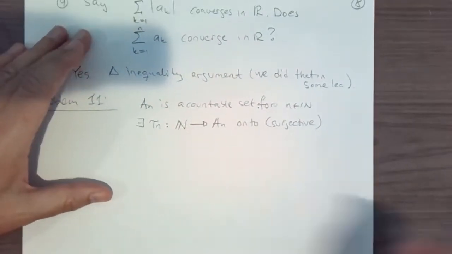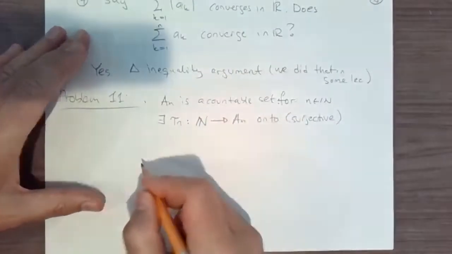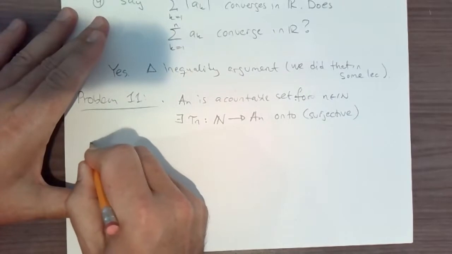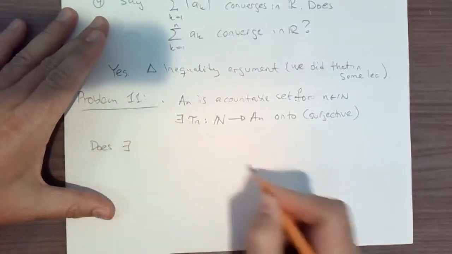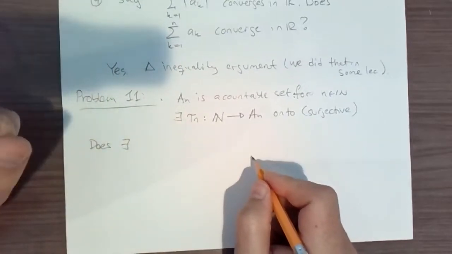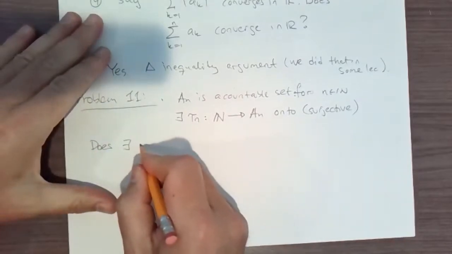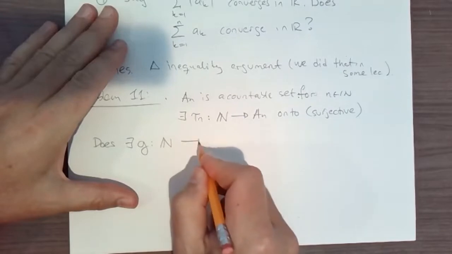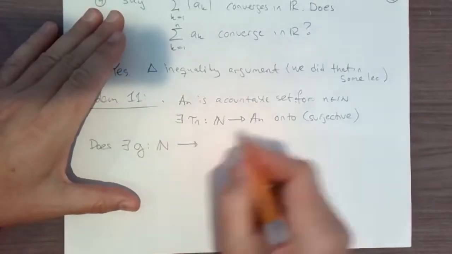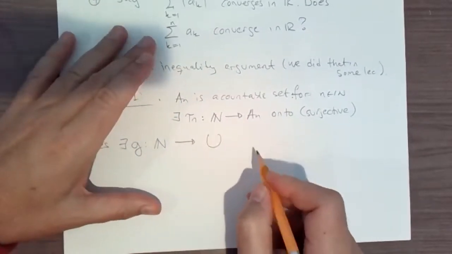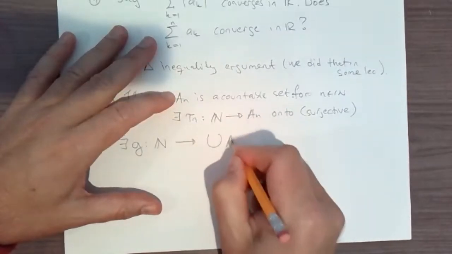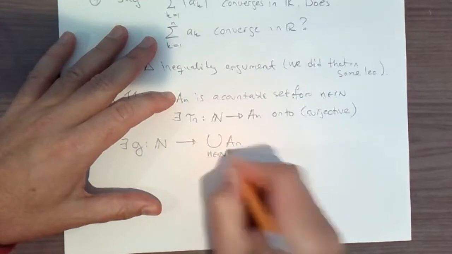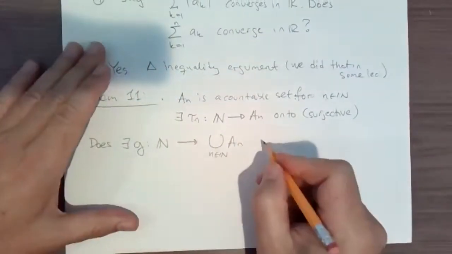Okay, so that's an ingredient, right? So the question is, does there exist a map, a G which goes from the natural numbers onto the union? We have this A_n for each n. Does there exist a function which is onto?